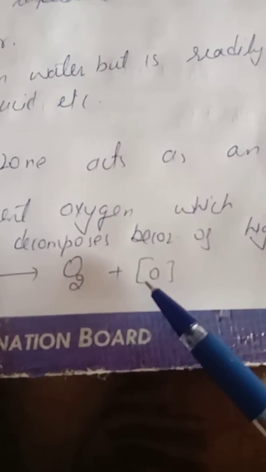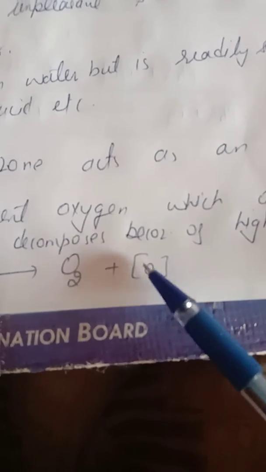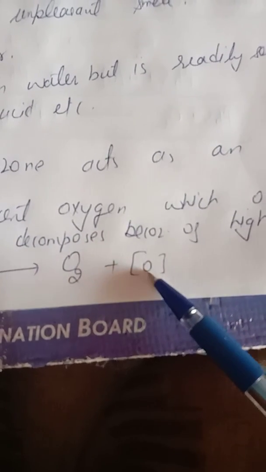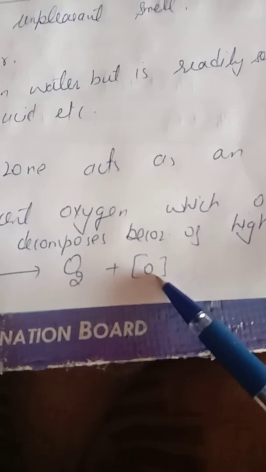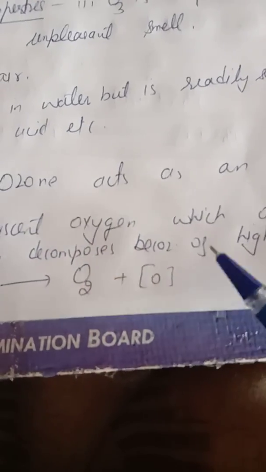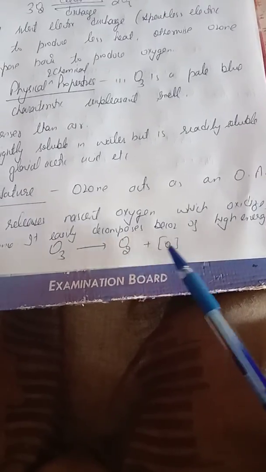In chemistry terminology, this square bracket means nascent, and the atom inside, like oxygen, we call nascent oxygen. So because of the release of this nascent oxygen, ozone acts as an oxidizing agent.